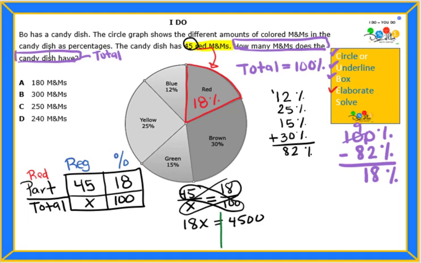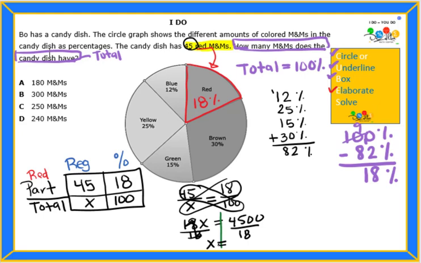And in this case, since we have a one-step equation, we're just going to divide by the coefficient. So we are going to divide by 18. Whatever I do to one side, I make sure that I do to the other. 18 divided by 18 is going to turn into 1, and that will give us 1x, which means that x has been isolated.